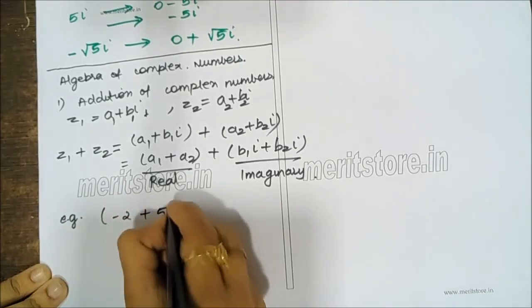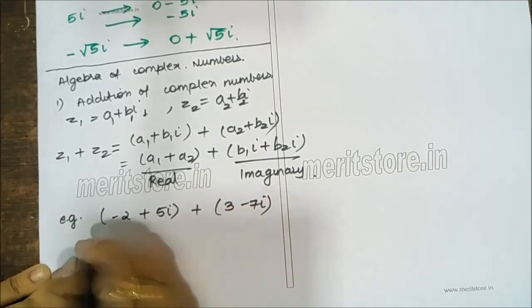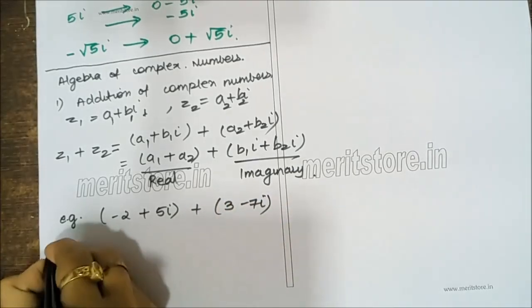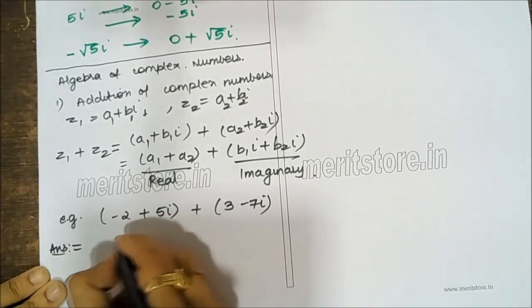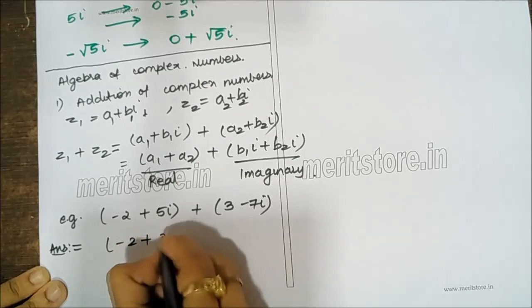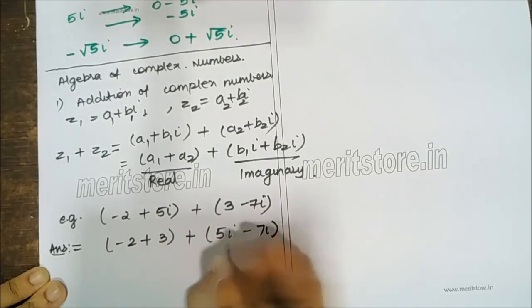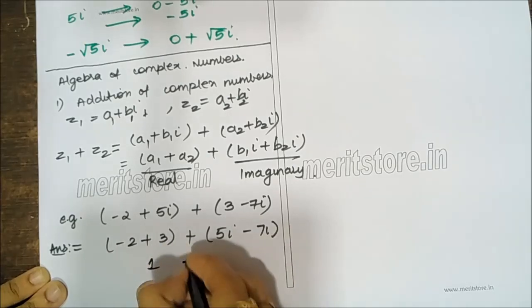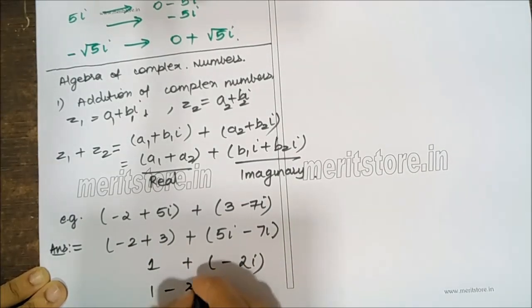Minus 2 plus 5i plus 3 minus 7i. Then here your answer will be minus 2 plus 3 plus 5i minus 7i. So 1 plus minus 2i, that is 1 minus 2i.